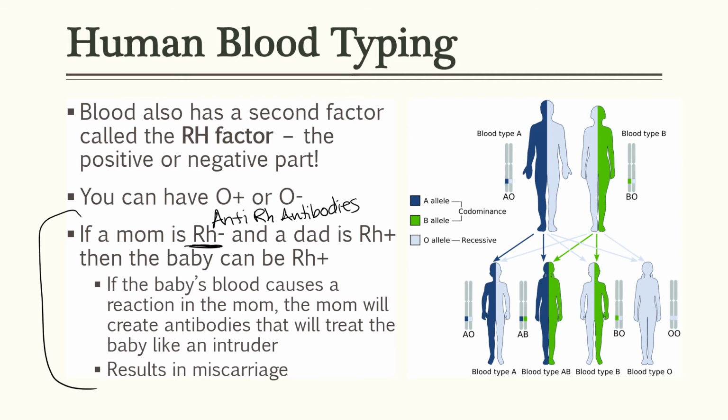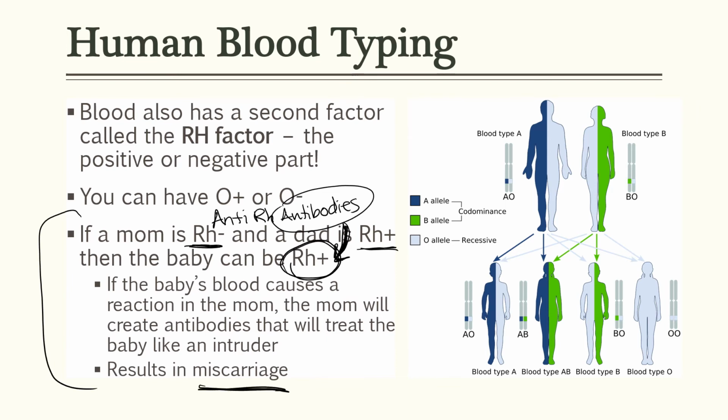So if the dad is Rh positive, the baby could possibly be Rh positive. When that happens, the mom's antibodies are going to see the baby as foreign, and it's actually going to attack the baby's blood. She will create the antibodies to attack that baby, and you can end up with a miscarriage.